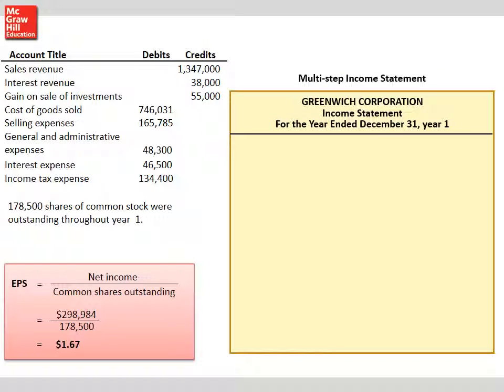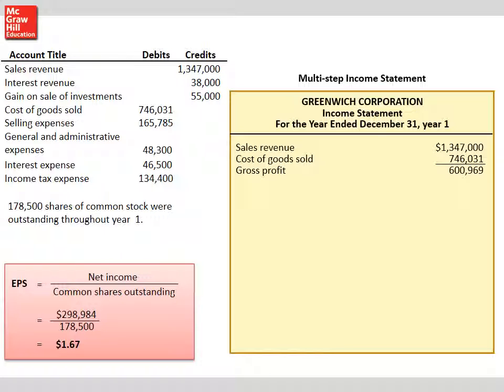Now the multi-step. We're going to start with our sales revenue. We then subtract the matching expense to sales revenue, cost of goods sold. Remember, sales revenue is the money we charge our customers for our product. Cost of goods sold is how much those items cost us. When we subtract the cost of goods sold, we then get gross profit, the money we made purely from selling our product.